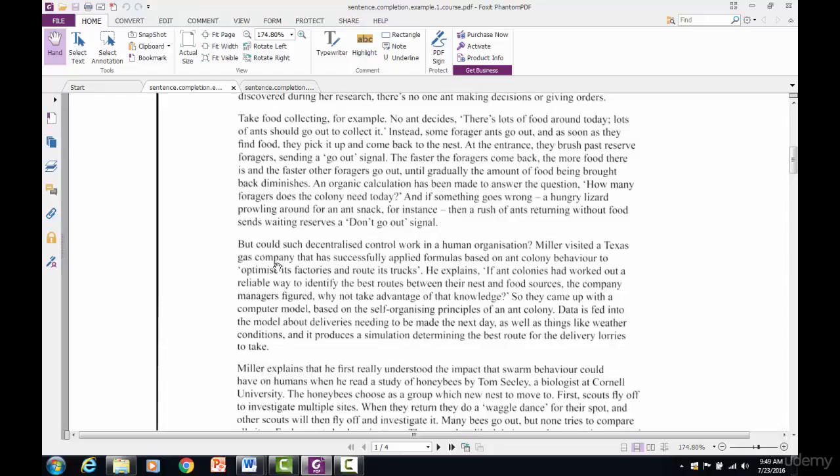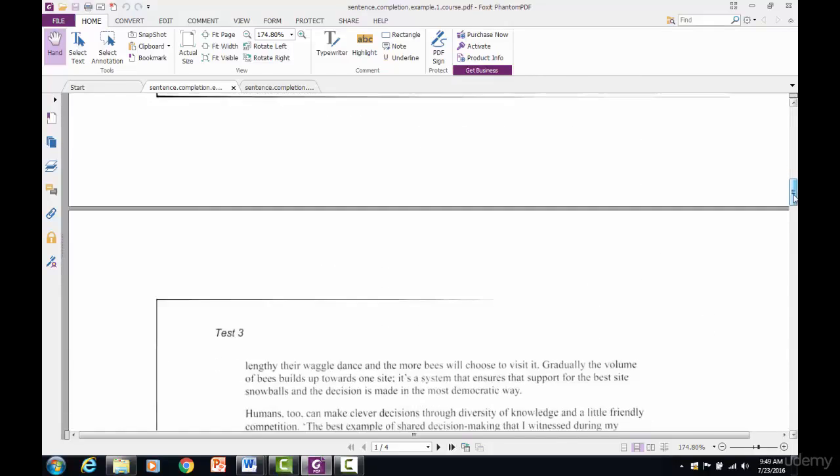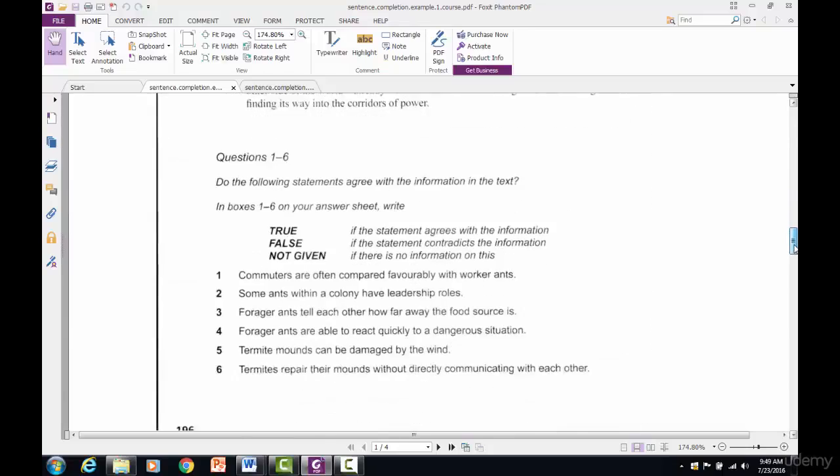We know this is the sentence because we see Texas gas company, and that's what was in our question. Miller visited a Texas gas company that has successfully applied formulas based on ant colony behavior to optimize its factories and route its trucks. Optimize means make better, make much better. So he visited a Texas gas company, applied formulas based on ant colony behavior to optimize his factories and route his trucks. So we have to find a match for that information.